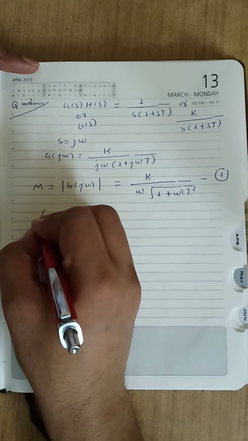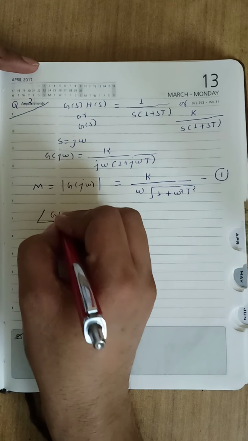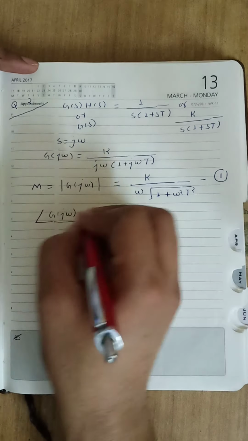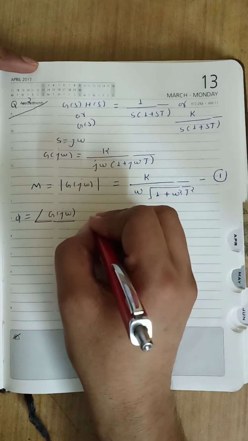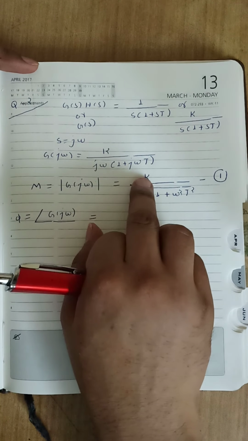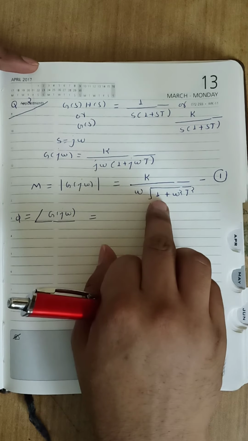Similarly, we can calculate the phase for G(j omega). Suppose it is phi. We can calculate the phase according to the numerator term as well as the denominator term.